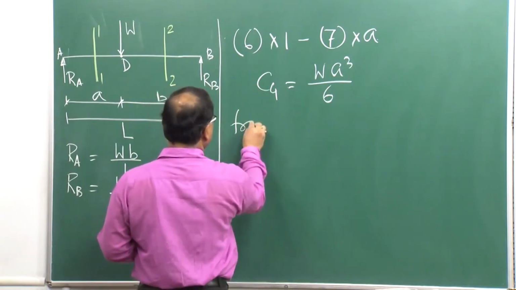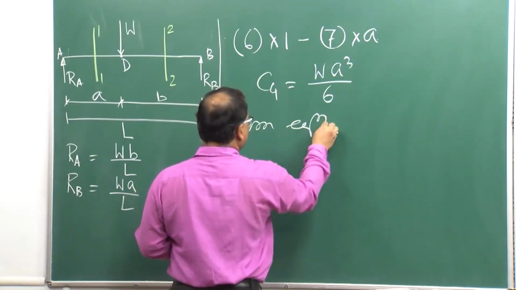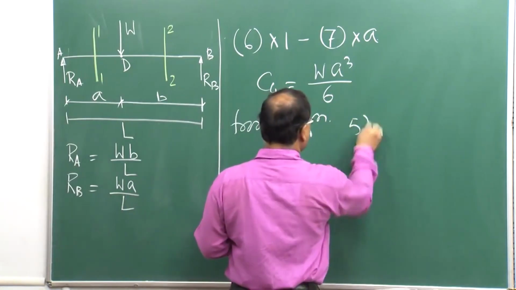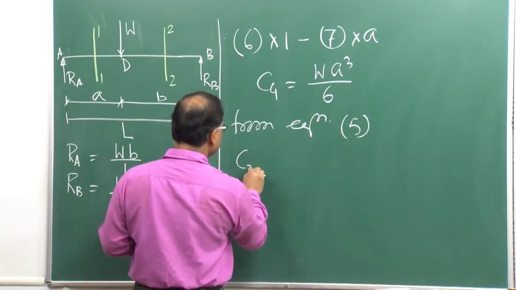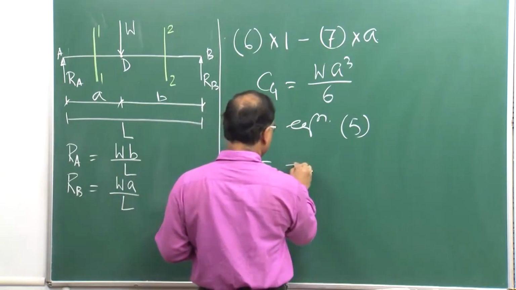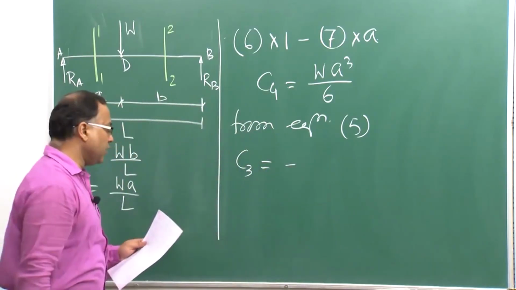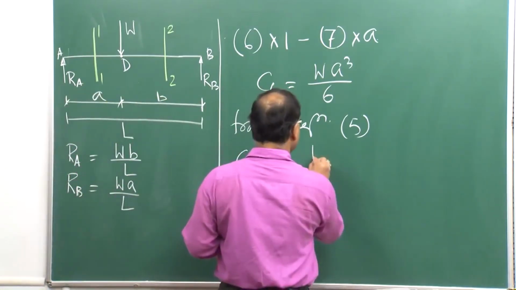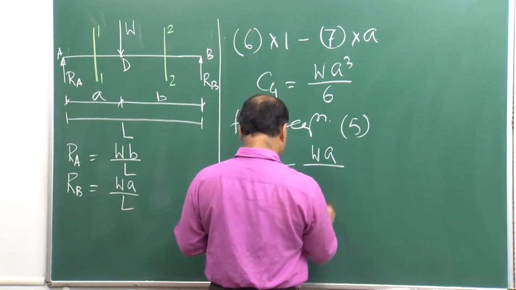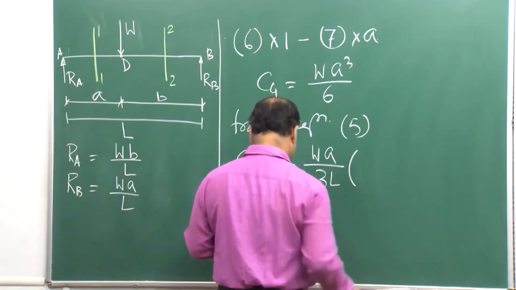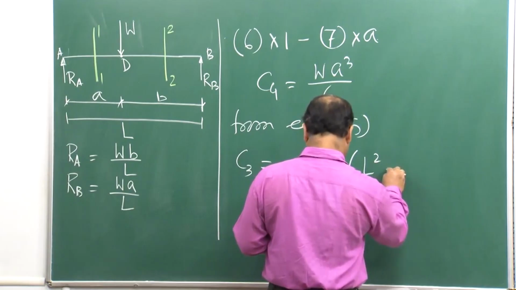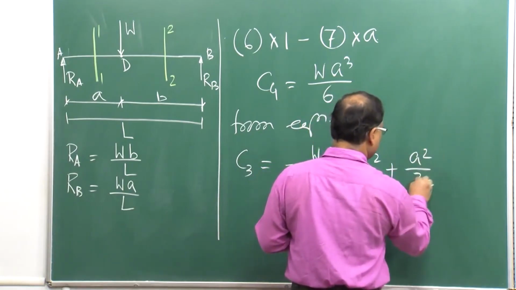Then from equation 5 you will get C3 equal to, I am not writing all the steps, you can find that out on your own, W A by 3L into L square plus A square by 2.